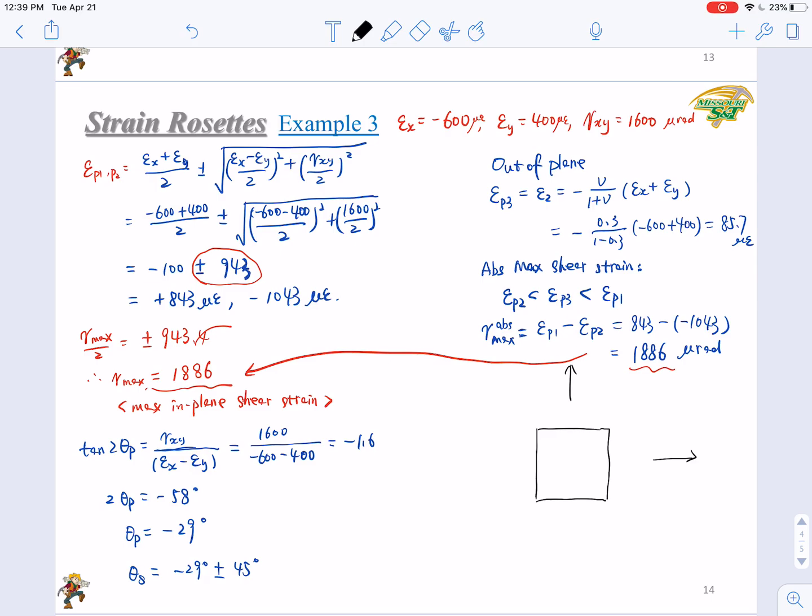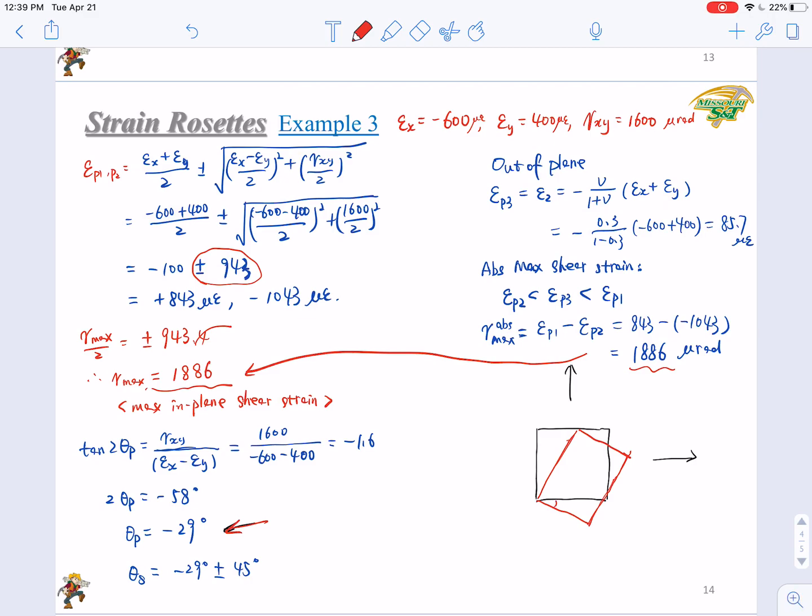You need to use the angle determined here. Let's use red color. The angle is here. You just rotate it in this way, and you get an element like this.